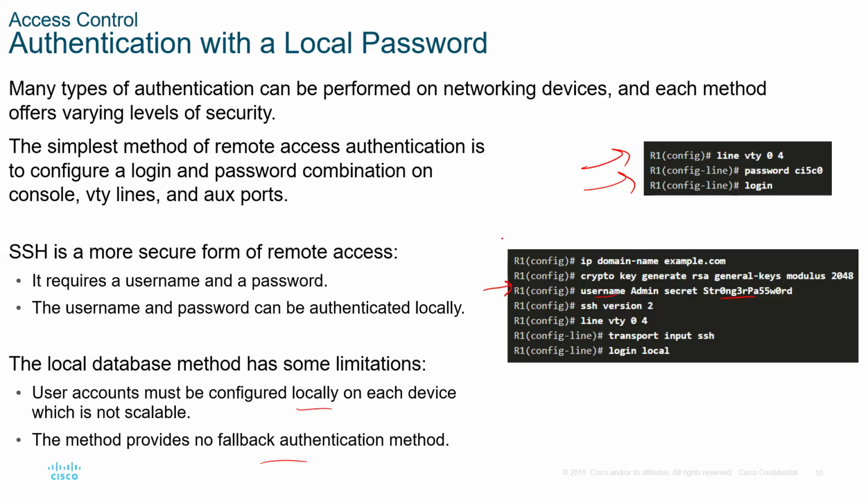So if I'm trying to access a router via SSH, then my usernames and my passwords are on the same router. It has limitations. User accounts must be configured locally. The method provides no fallback authentication method.